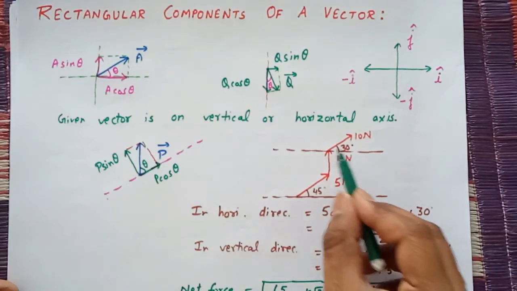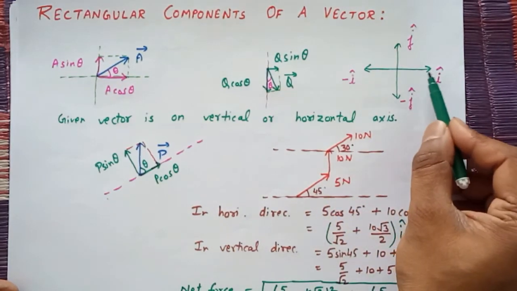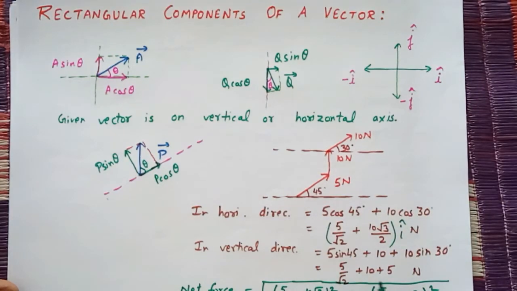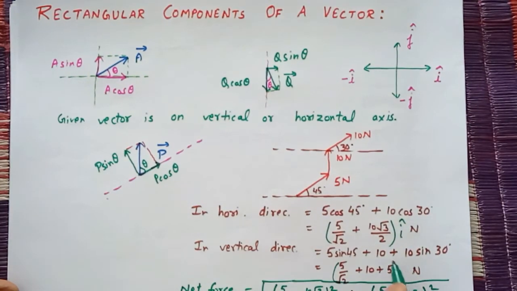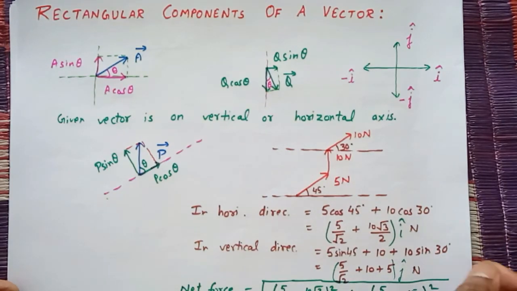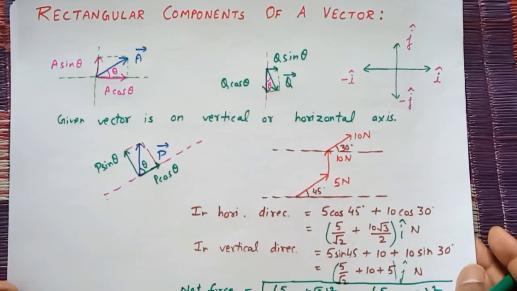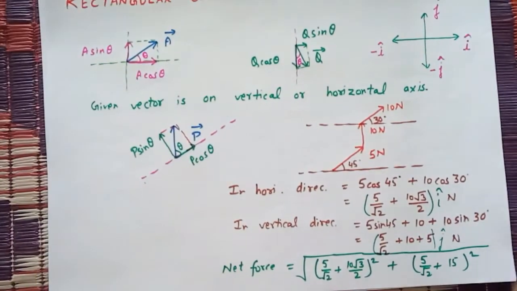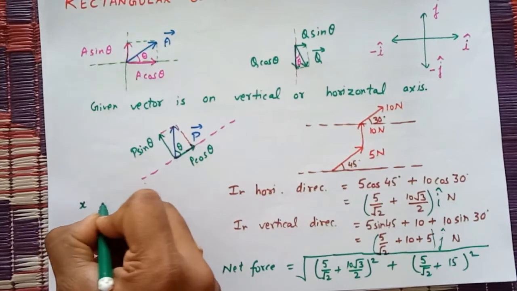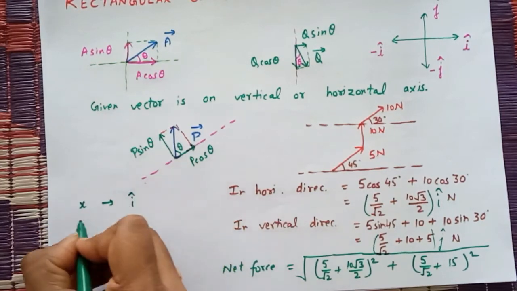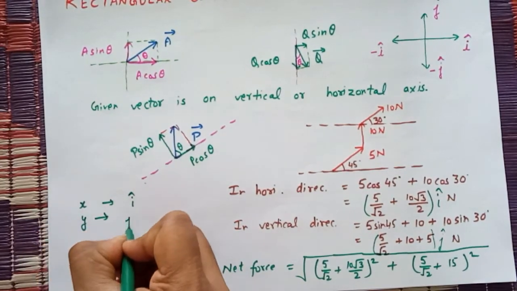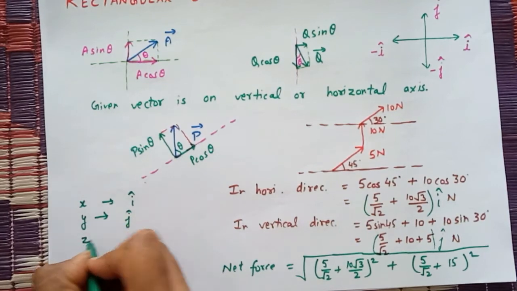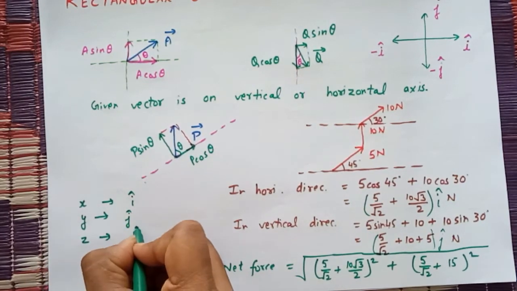This one is going to the right side, or I can say on the positive axis, and for this I can write positive j cap. If three axes are taken, then for the x-axis we take I cap, for the y-axis j cap, and for the z-axis k cap.